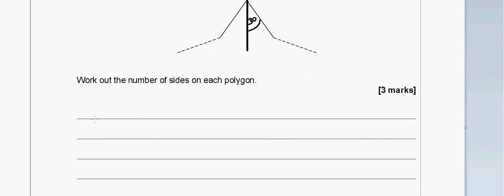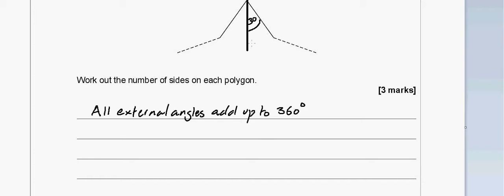So the one thing that we know is that all external angles add up to 360 degrees.